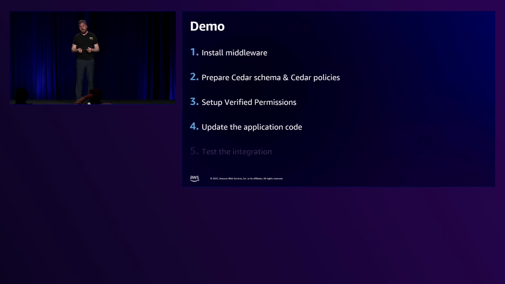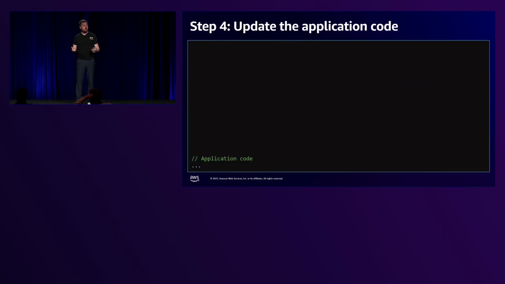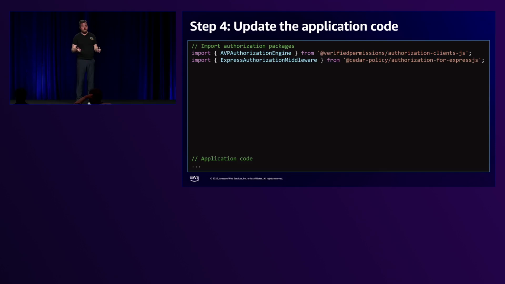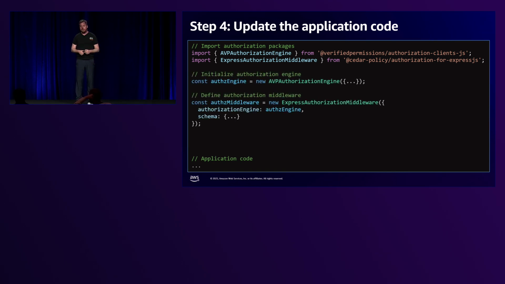Next, it's of course a matter of updating our application code. So how do we perform that action? Well, first, of course, we need to import the packages that we have. So we have the authorization engine and the Express middleware. But then we need to configure them. They work together to implement this. So the authorization engine is configured to target your policy store.